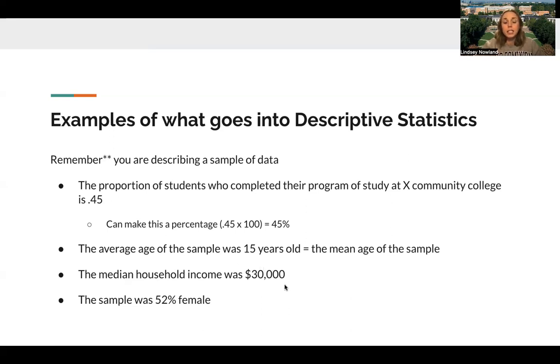Another example, you might talk about the average age of the sample was 15 years old, which also means the mean of the sample was 15 years old. The median household income was 30,000, and the sample was 52% female.